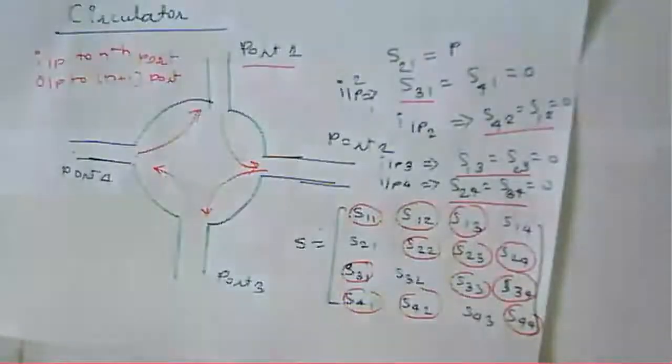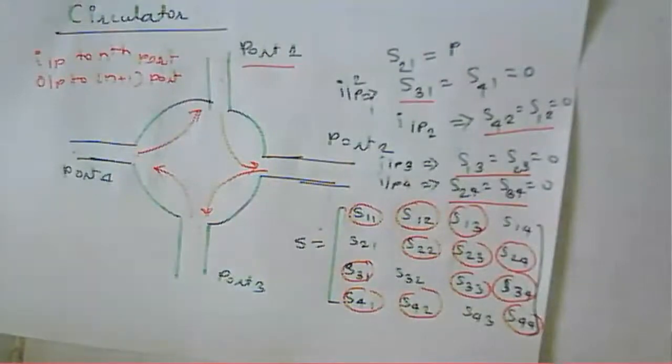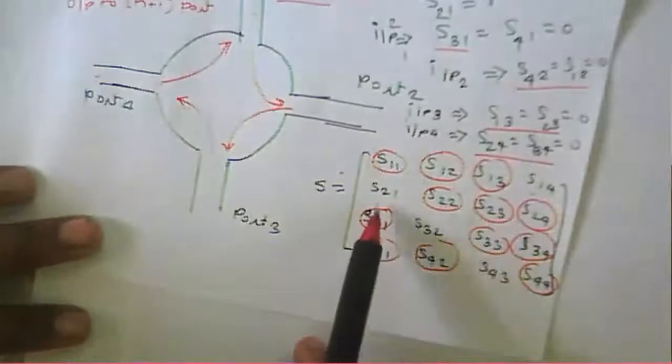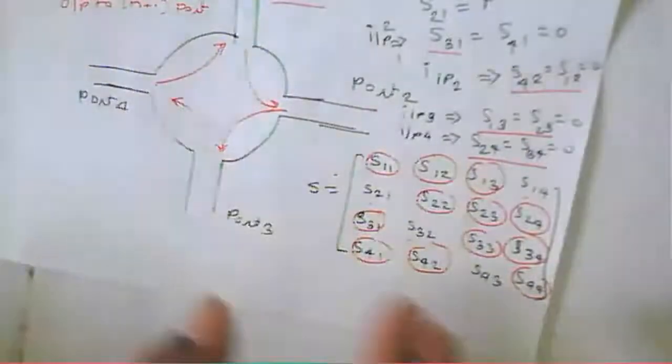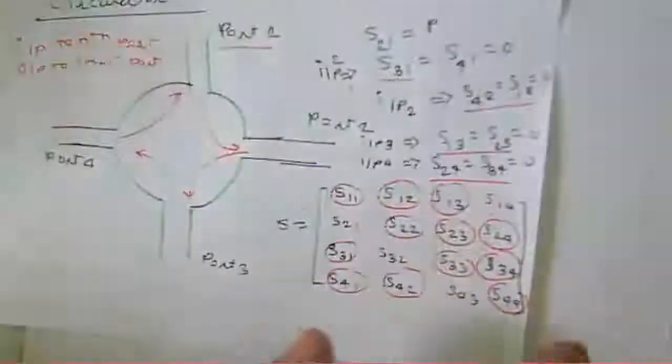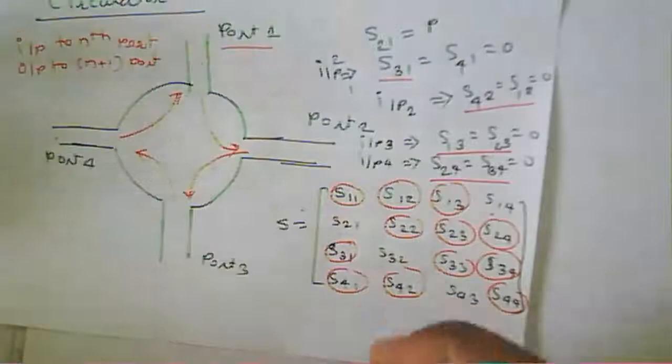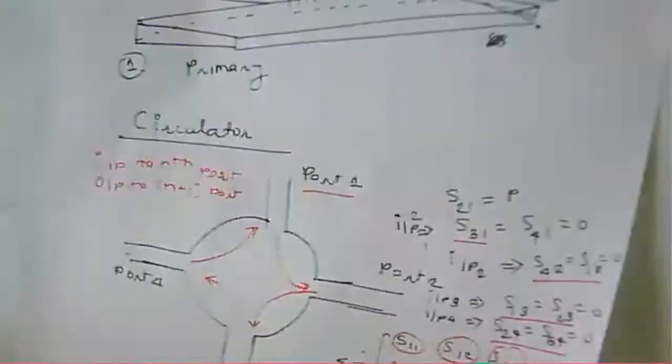Now if you see that, S14 is available here. So in a circulator, each row has only a single element, one element is there. That is about your S matrix.